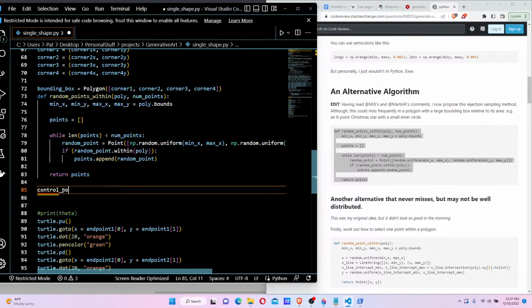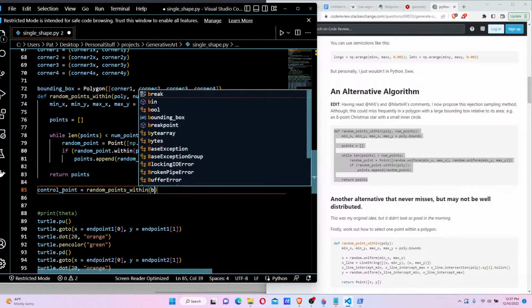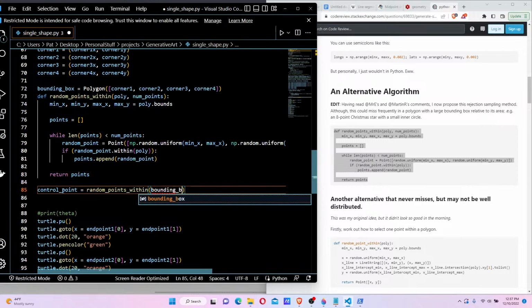Control point is equal to random points within of bounding box. I only want 1 point, the 0th item.